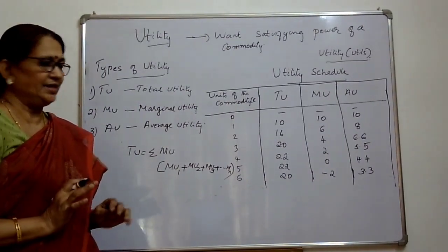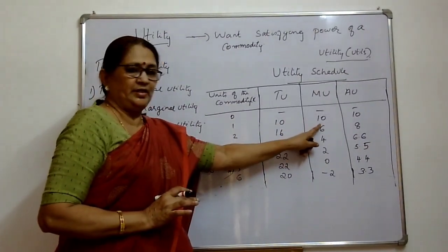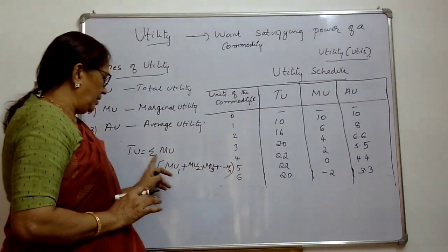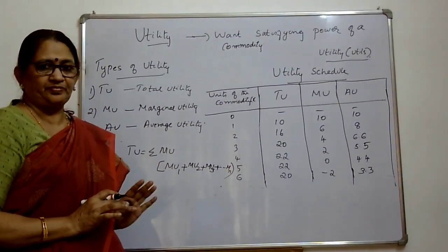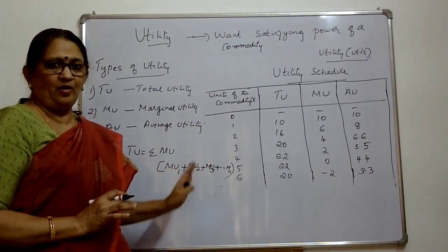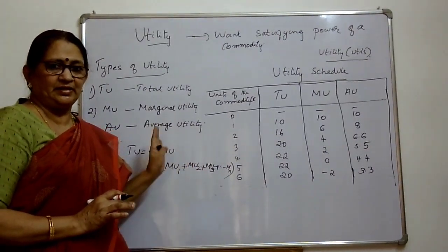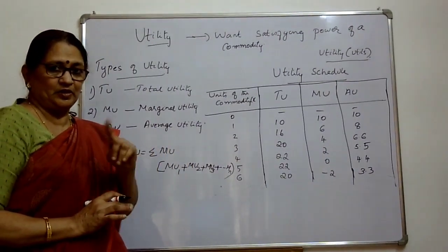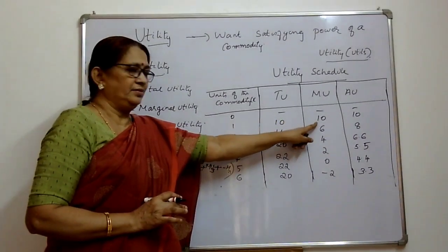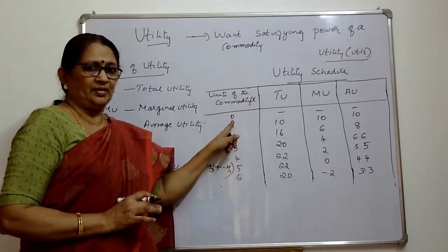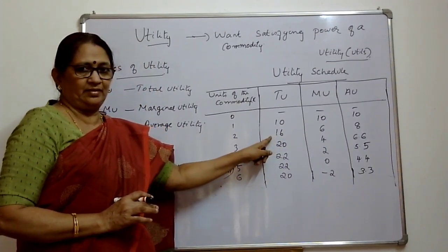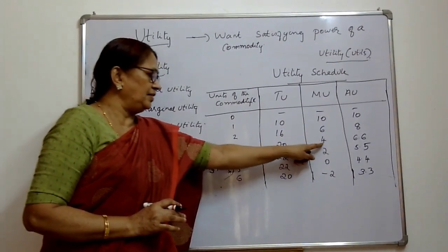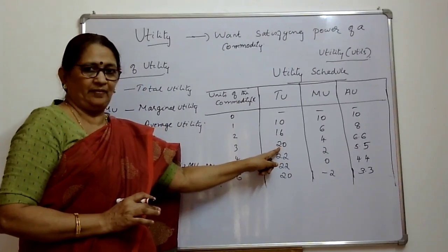So let us check here. Marginal utility, total utility is sigma MU. The sum of marginal utility gives us total utility. If so, 10 at the first unit, 10 plus 6, 16. 16 plus 4, 20.